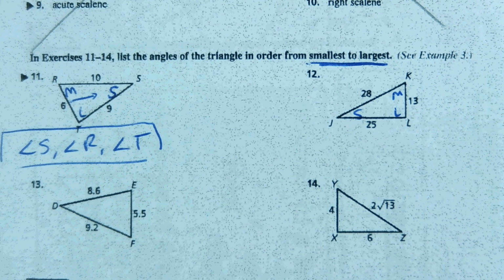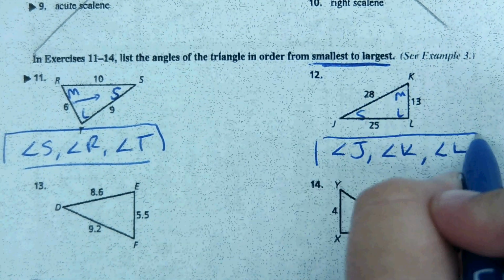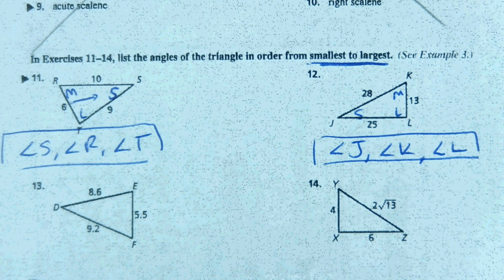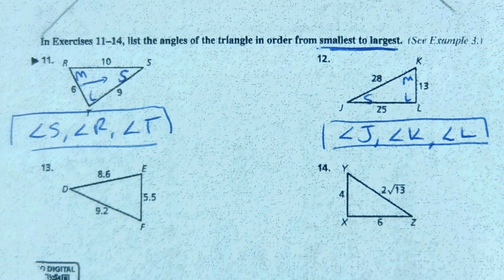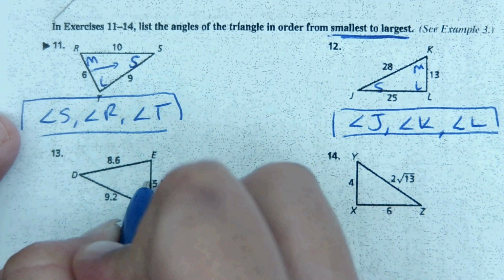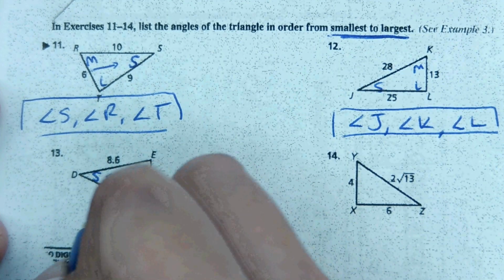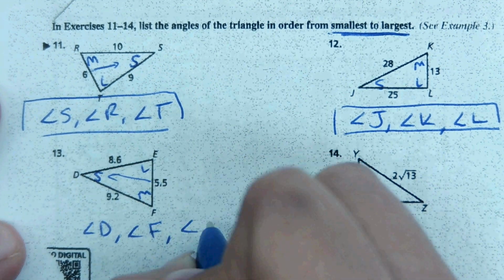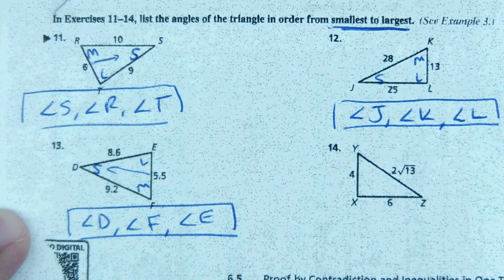So S, medium, large, angle J, angle K, angle L. Okay, 13, go for the shortest side. The angle opposite that will be the smallest, then medium and large: angle D, angle F, angle E.